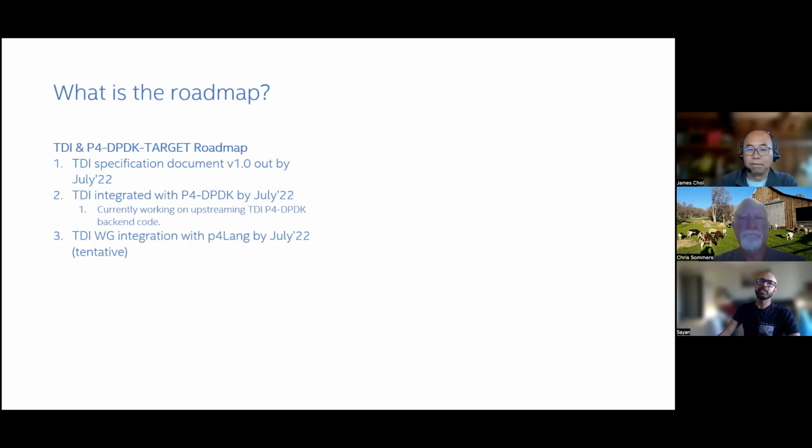And internally, we will provide compile time options so that they can run the TDI backend with it. So with the BFRT front end, they will be able to use the TDI backend. So the first step of deprecation will be deprecating the BFRT backend.